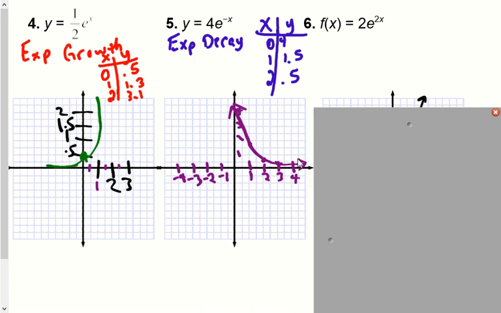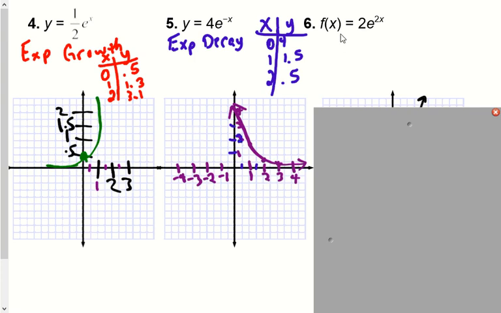And plot those points there. Again, in this graph, it's half, 1, 1.5, 2. Same thing here. Half, 1, 1.5, 2, I believe. Yes. You just can't see that that's a 2.